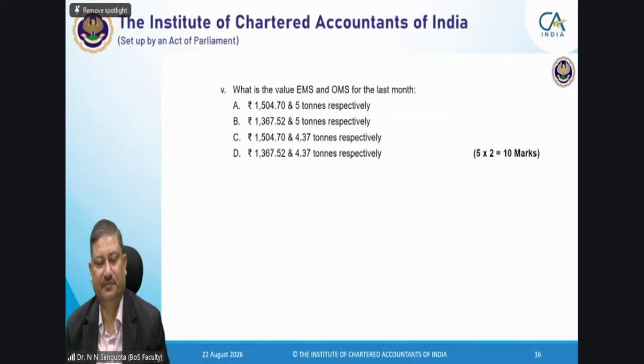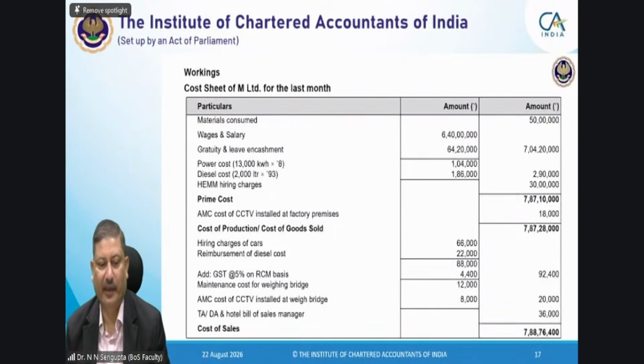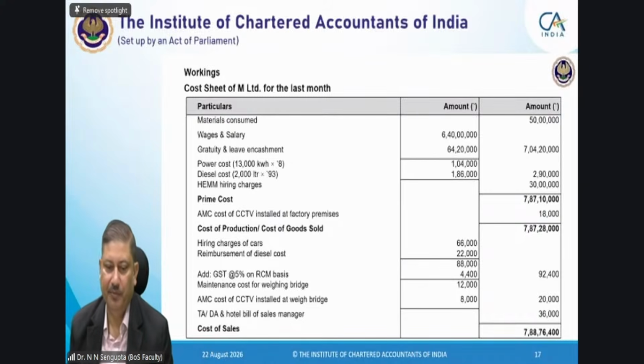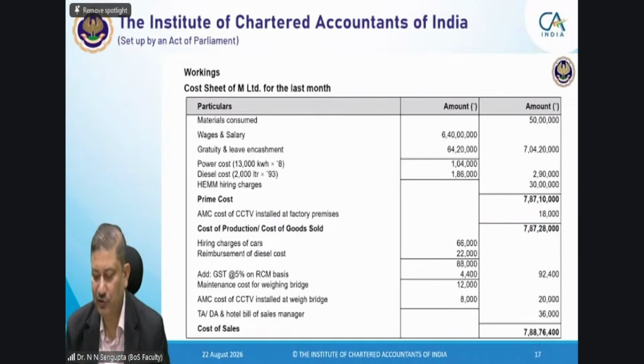Right? Shall we go for the solution then? Okay. So in this kind of question, we can prepare a cost sheet. But what I will request you is, don't prepare the cost sheet with the full presentation. You write down the figures. Scribble down on the rough how these various costs will be coming. See, there is a question of cost of production.